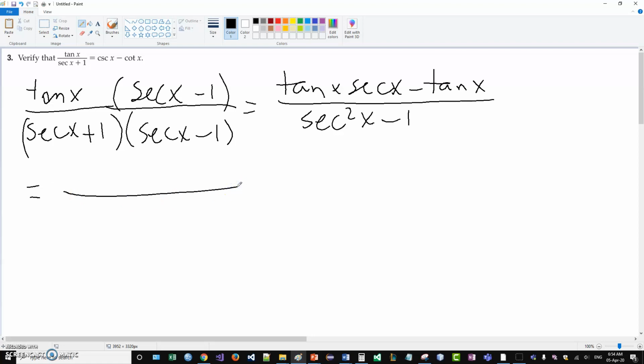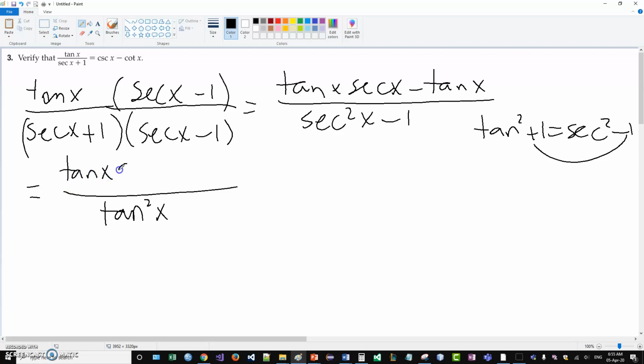Now secant square x minus 1 is actually tangent square x, because tangent square plus 1 equals secant square. Take the 1 here, minus 1. So now we have tangent x secant x minus tangent x.